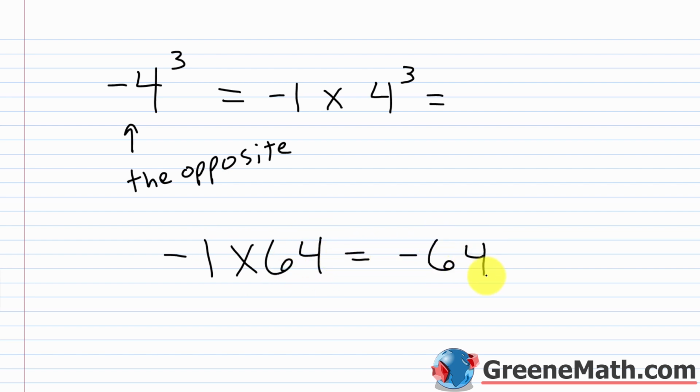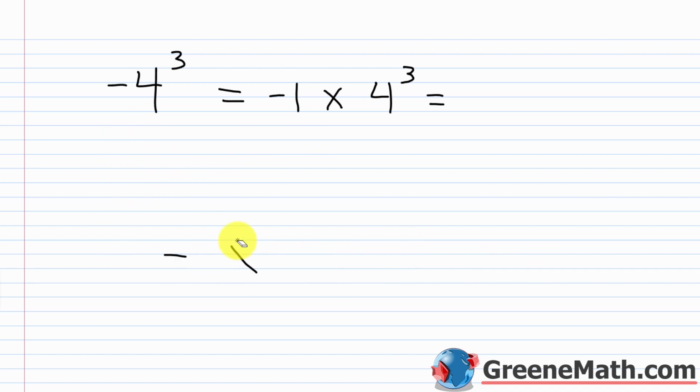Now, let's suppose that I enclosed this negative 4 inside of a set of parentheses. In the last situation we looked at, we went from negative to positive, right? We corrected our mistake and we got a different answer. Will we still get a negative or will we get a positive here? Well, what you're going to find is that in this case, it will not change your answer. And then we're going to explain why that's the case. So let's say I enclose this inside of a set of parentheses.